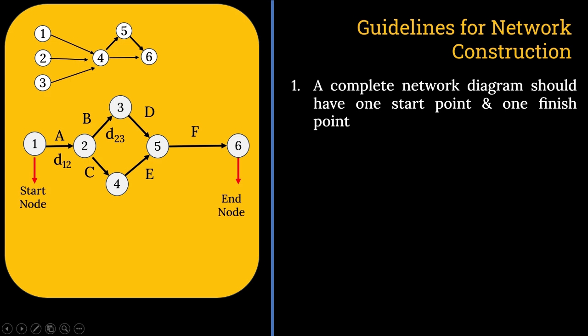Let us see this diagram where three different activities are starting and merging into one node. This kind of network is not accepted. Why? Because a complete network diagram should have one start node and one finish point. So it cannot start like this. Am I clear?